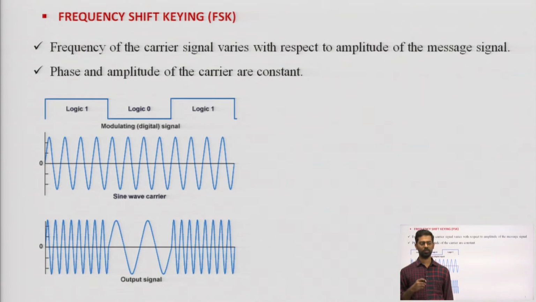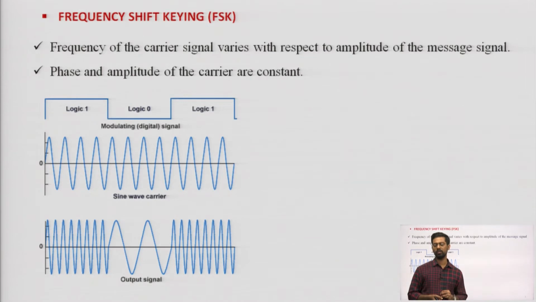Then we calculated the probability of error: if I am sending bit 1 and I get 0, or sending bit 0 at the transmitter and getting bit 1 at the receiver, what is the probability of error? We considered Gaussian waves for this analysis and got some probability of error.